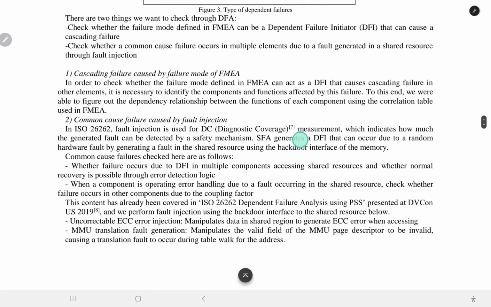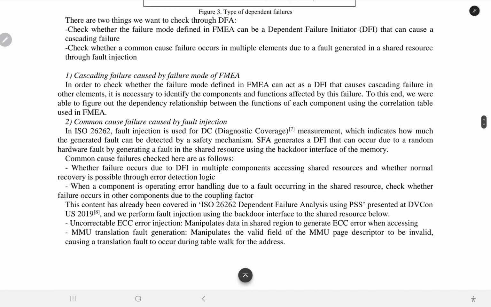The SFA generates a DFI that can occur due to a random hardware fault by generating a fault in a shared resource using the backdoor interface of the memory. The common cause failures checked here are as follows. Where the failure occurs due to the DFI in multiple components accessing shared resources, and whether normal recovery is possible through error detection logic.